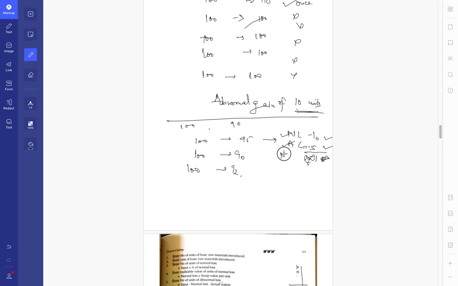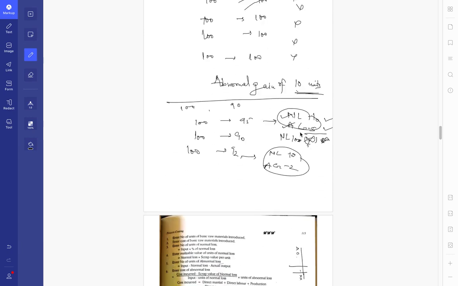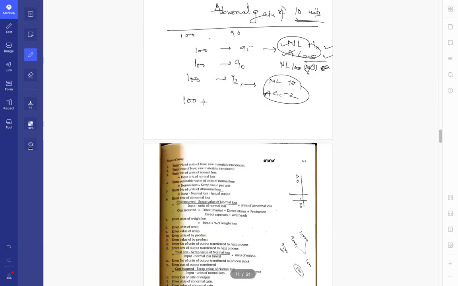Here you only have a normal loss of 10 units. Here again you have a normal loss of 10 units and an abnormal gain of 2 units. There could be another case wherein you have only 80 units of output. So you have normal loss of 10 units and abnormal loss of 10 units.